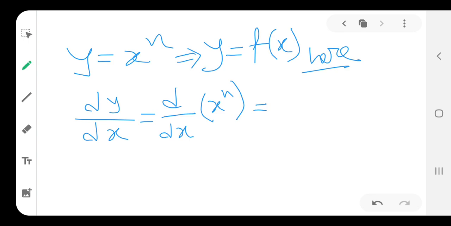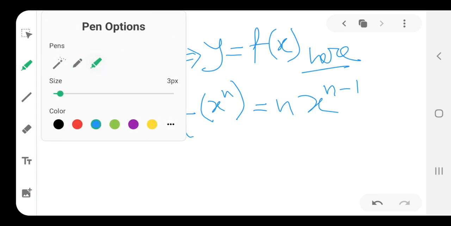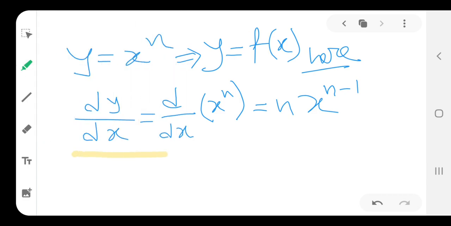This n will come in front, x will be as usual, and the power will be n minus 1. So this is a formula. Don't ask me how it has come, because it's a matter of math and you will study it in your math. This is in your syllabus, so anyway you are going to learn it, so I'm not going into those details. You just learn it. This is the formula for dy by dx.